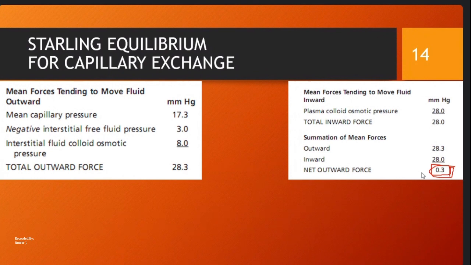But normally we have another vessel system named the lymphatic system, and the lymphatic system is responsible for reuptake of the extra water that enters the interstitium, and this is the lymphatic system that I will explain in the next session, inshallah.